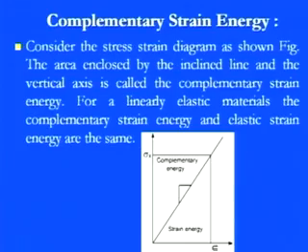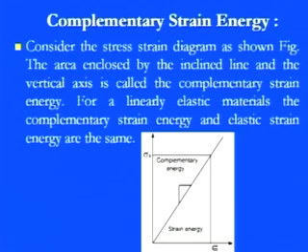So this was the discussion about the strain energy due to the bending action. Now we have one more energy term, known as the complementary strain energy. In one of the diagrams I showed you, when drawing the stress strain curve, there are two main areas: one is the strain energy, and one is the complementary strain energy.